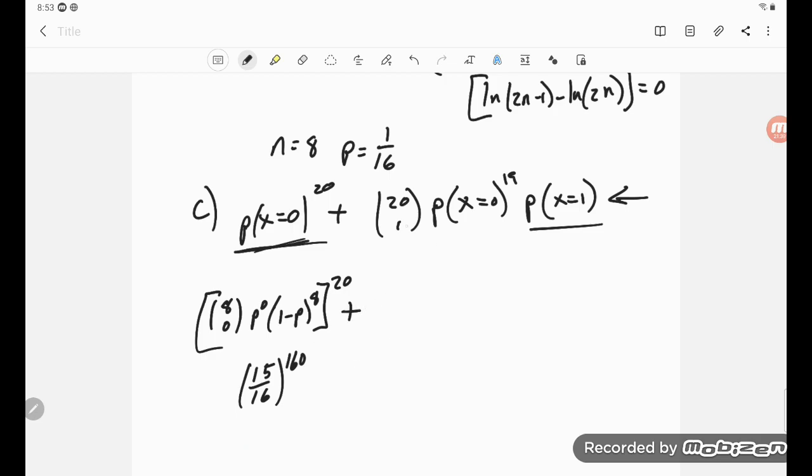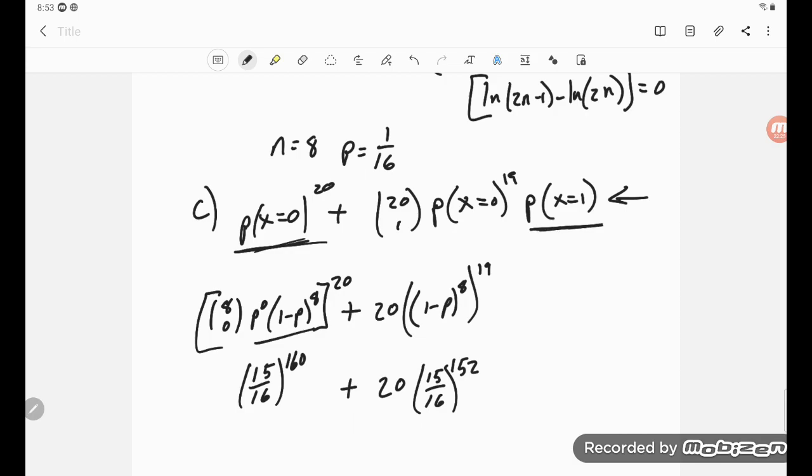Okay, and then plus, and here we have our 20. Now, again, we've got our x equals 0, so that, as we saw back here, that's just going to be 1 minus p to the 8th, and then all to the 19th, so that'll be 8 times 19, which, as we put that down here, that's going to be a 20 and a 15 over 16 to the 152.